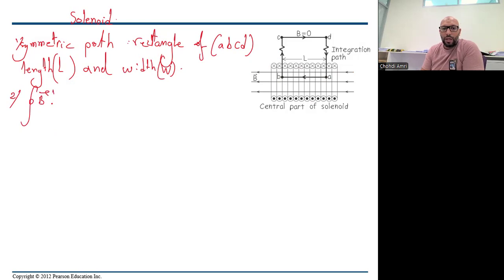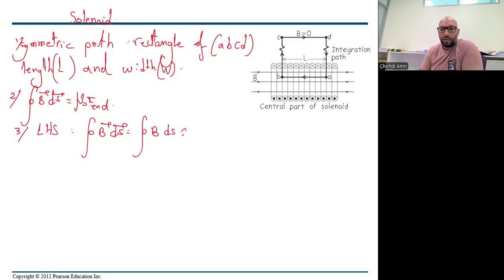Line integral of B dot ds equals mu naught multiplied by the current enclosed. Step number three, left-hand side. Line integral of B dot ds equals line integral of B ds magnitude multiplied by cosine theta. However, if you see here how many ds we have, ds is in the direction of the current.